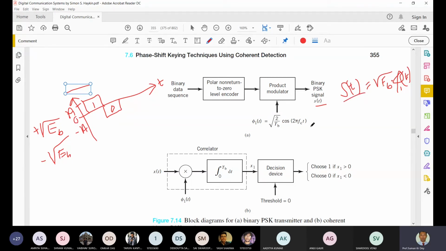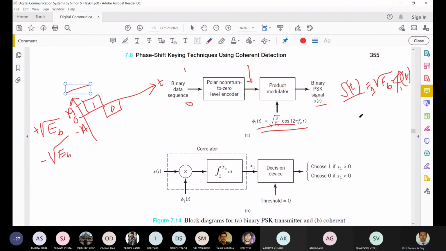That means we are generating the square root of EB, and multiplying that symbol from the line coder with the basis function phi 1(t), where phi 1(t) equals square root of 2 by TB cos 2 pi FC t. So we get that expression with plus or minus square root of EB, depending on the input. If it is 1, then it is plus. If it is 0, then it is minus.